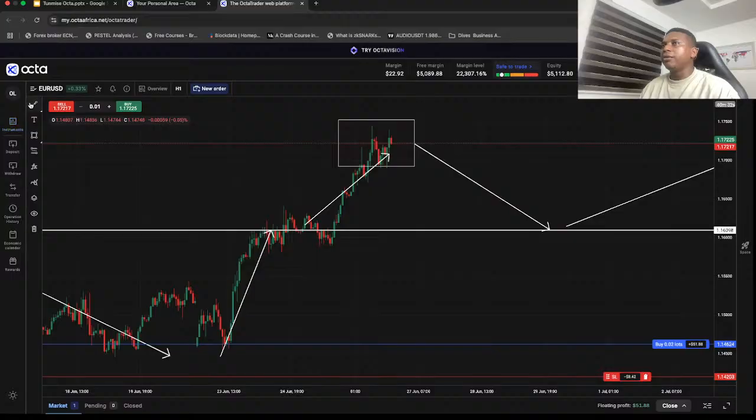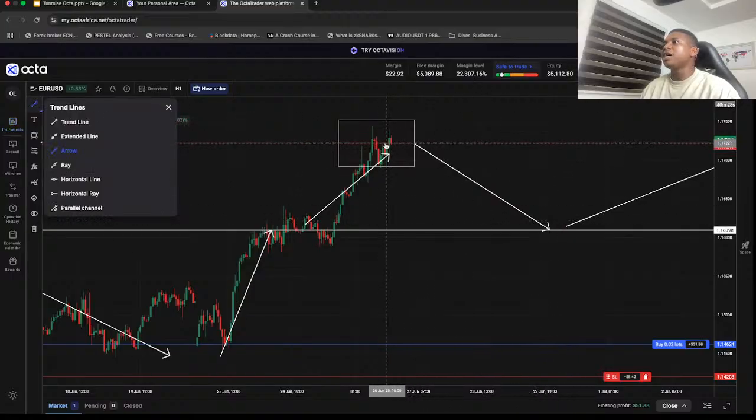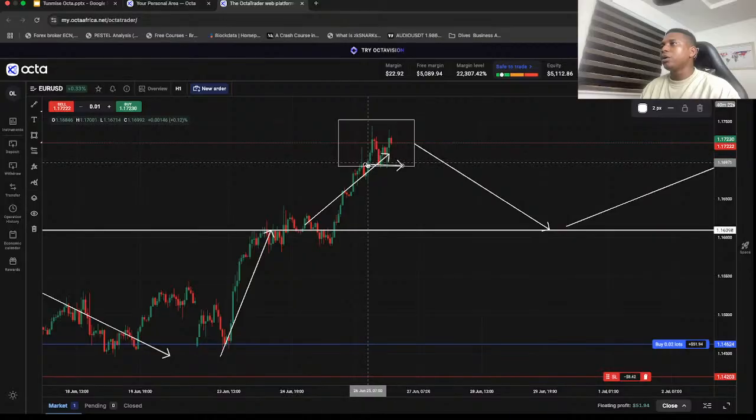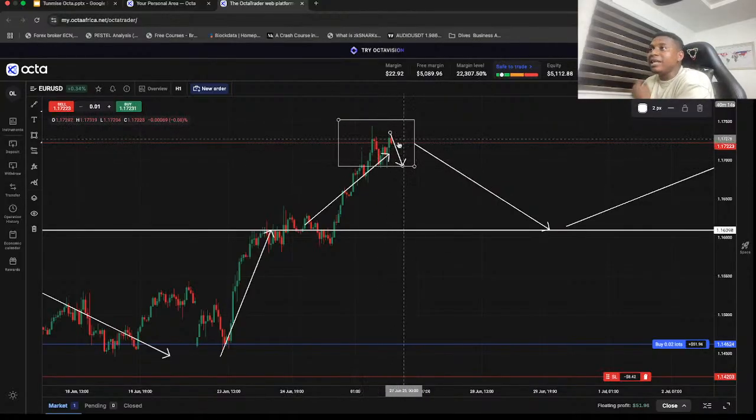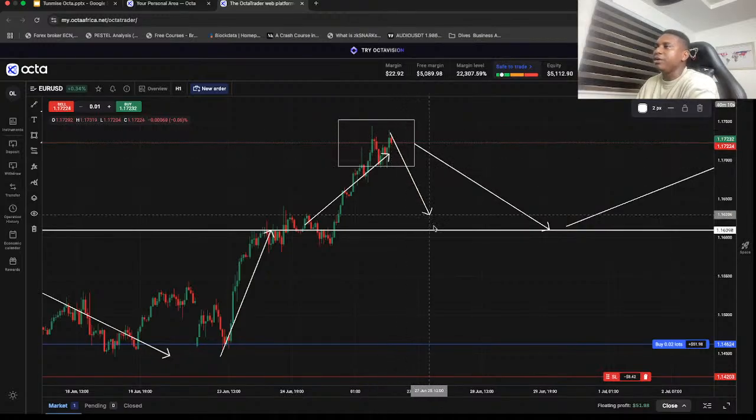Now you can see how price has gone up, came down, went up again, and now the red candle is showing up, pushing back price. So there might be a rally around this level, and the market might take a bearish turn or a bullish turn.